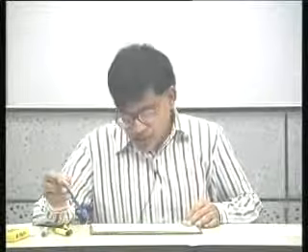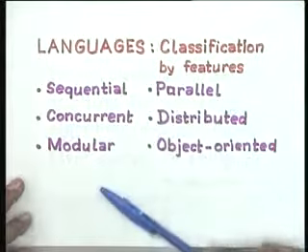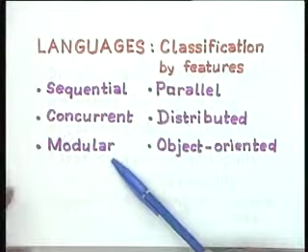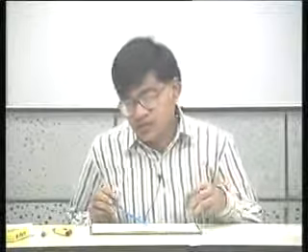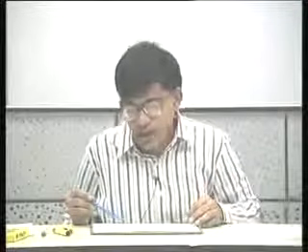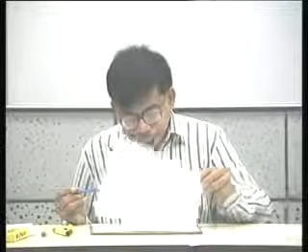Then you have other kinds of languages, those whose primary feature is that of modules, separate compilation, and more recently you have what might be called object oriented languages. These add extra features on top of existing languages usually, but there is something fundamental about the new feature that they introduce.